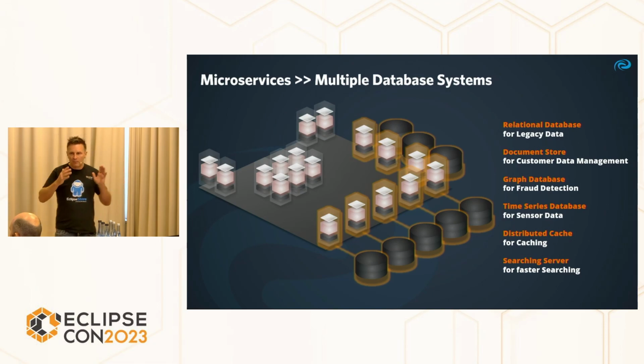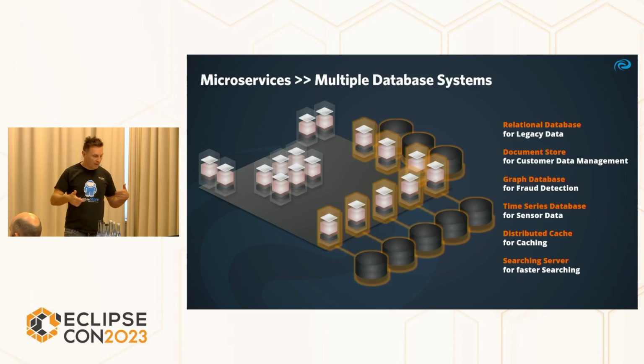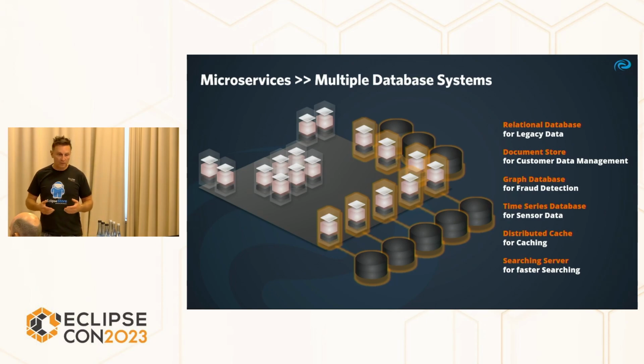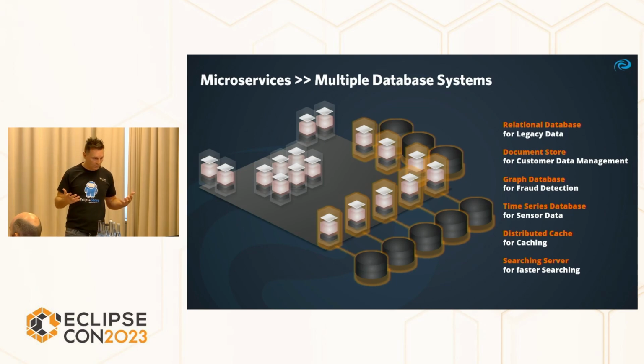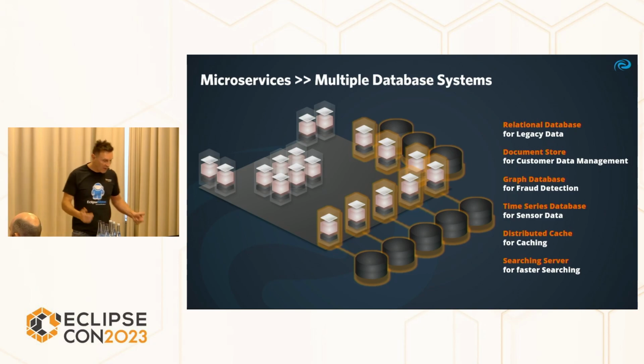So multiple databases for multiple purposes. And this, again, increases the complexity of our system, and to test, to deploy, and to develop such systems is very complicated. It's expensive.